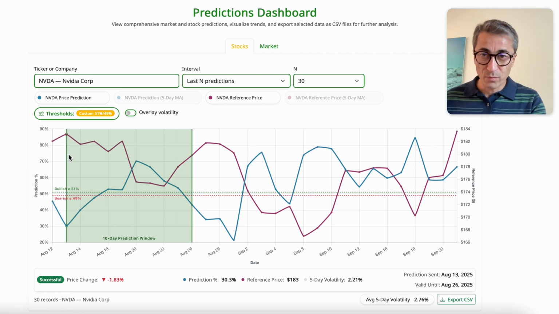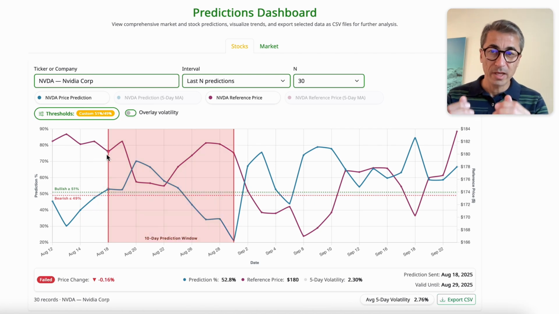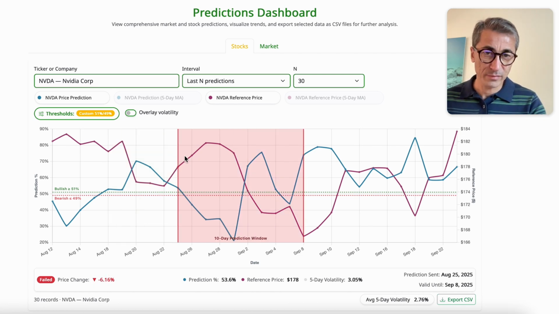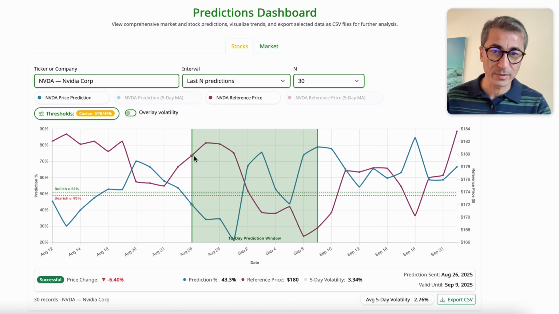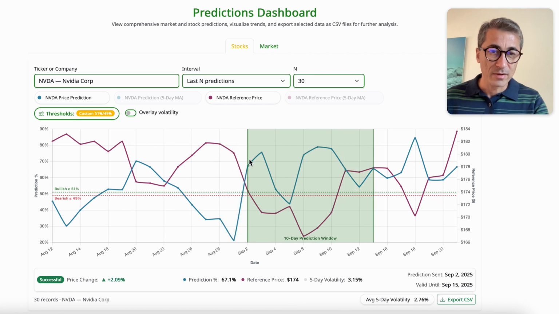If I move further, let's say, for example, at this point in time, my signal becomes a bullish one, a weak one, 52.8%. So we are expecting a price increase, but the price still decreased by 0.16%. And it failed, then it is successful again because we have a bearish signal and the price really decreased 10 days later, and green.